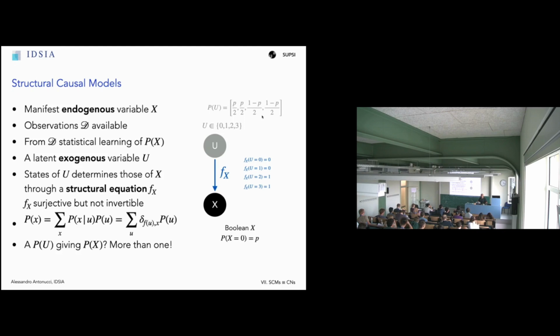You see, it's a one-to-many mapping. And so you get a credal set. With a complete precise specification, this is a Bayesian network. With a credal set here, this is going to be a credal network. And this is an object we can use for causal inference. This is basically my point.